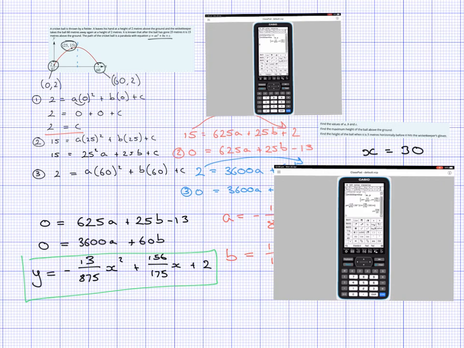We can just hit enter, and there is our maximum height for the ball. It occurs at 538 over 35 meters above the ground. So we could write that down because the calculator won't tell us the label, so it's y equals 538 over 35 meters when x equaled 30.